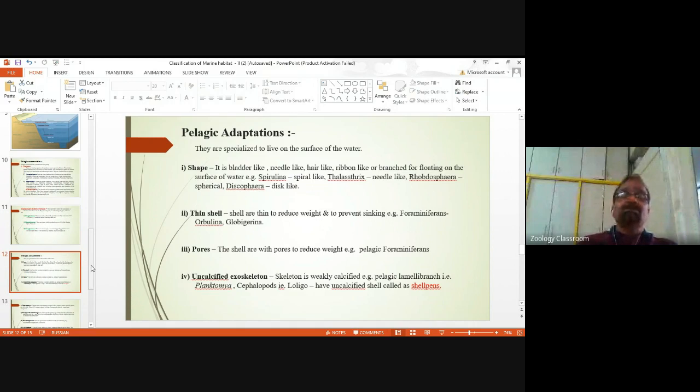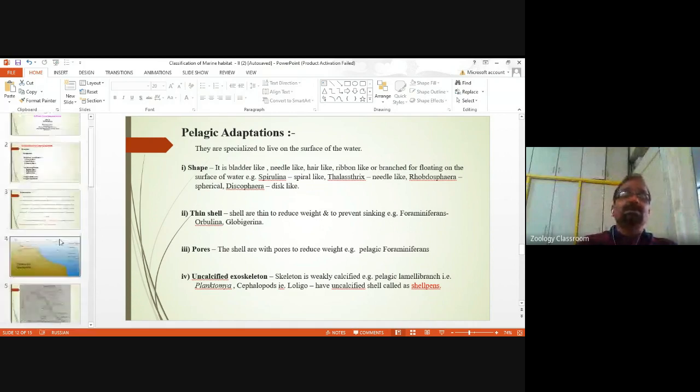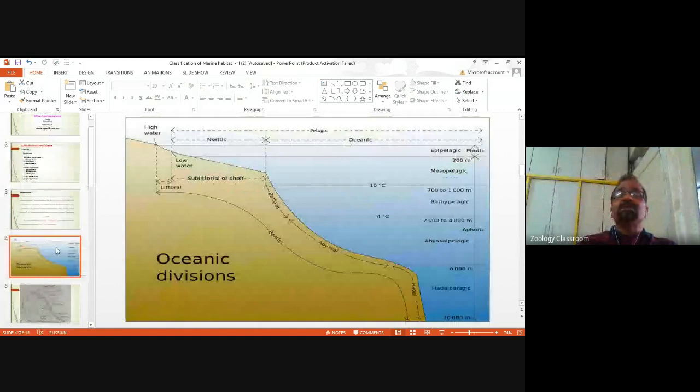I have mentioned earlier that this pelagic region collectively constitutes the neritic zone, up to the continental shelf, and also beyond the continental shelf in the open sea, in the form of the oceanic zone. So this entire surface water is the pelagic region.